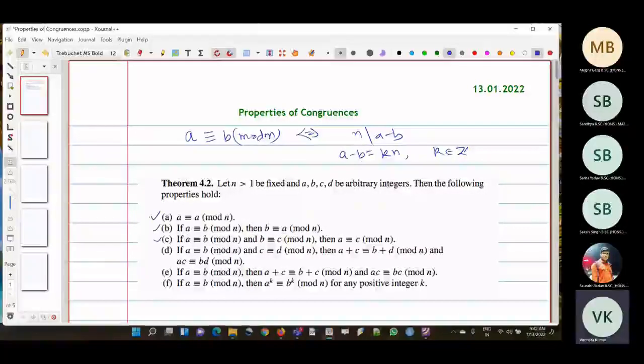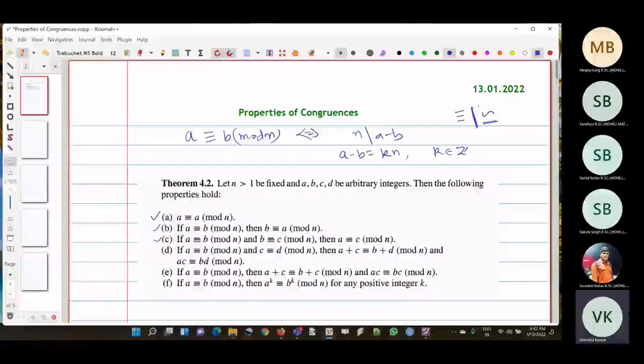And the second one says that if A is congruent to B, then B is also congruent to A. If we take this congruence as a relation, then saying that A is congruent to B means that n divides A minus B, that's all.